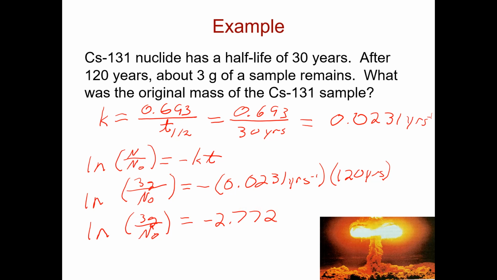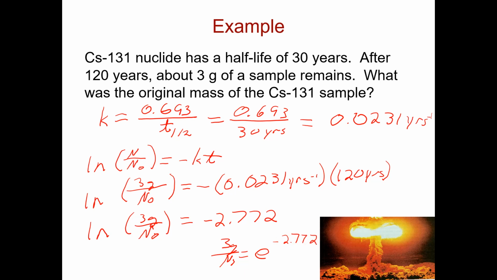So now I need to get N sub O, which is my initial amount, by itself. The way that I get rid of a natural log is by taking the inverse of a natural log. 3 grams over N sub O. And the inverse of the natural log is by taking e.